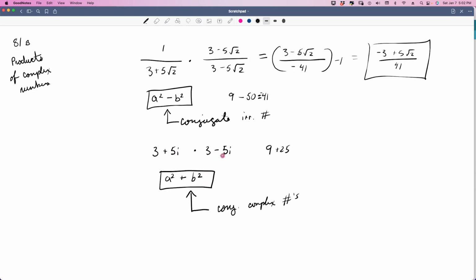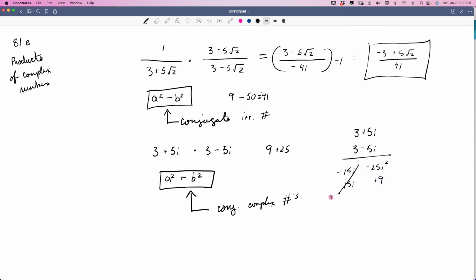All right, now just to prove my point, I'm going to go ahead and solve this over here the long way, right? 3 minus 5i. This would be negative 5 times positive 5, and then i times i, so it would be a negative 25i squared. This would be a negative 15i, positive 15i from here to here, and a positive 9.